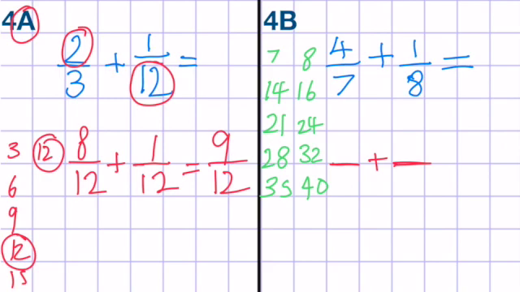We see we do not have a common multiple yet. So let's continue. 42, 49, 56, and 48, 56. So the common multiple is 56 for both of these.